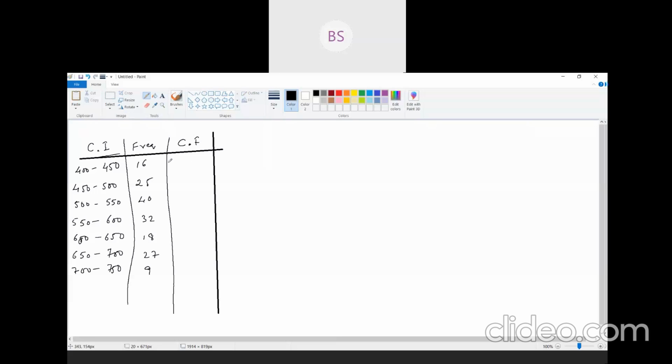Okay, so the first frequency we have to write as it is in the cumulative frequency column. Now we have to go on adding the corresponding frequencies. Now next will be 16 plus 25. This answer should be written over here. So 16 plus 25 will give us 41.